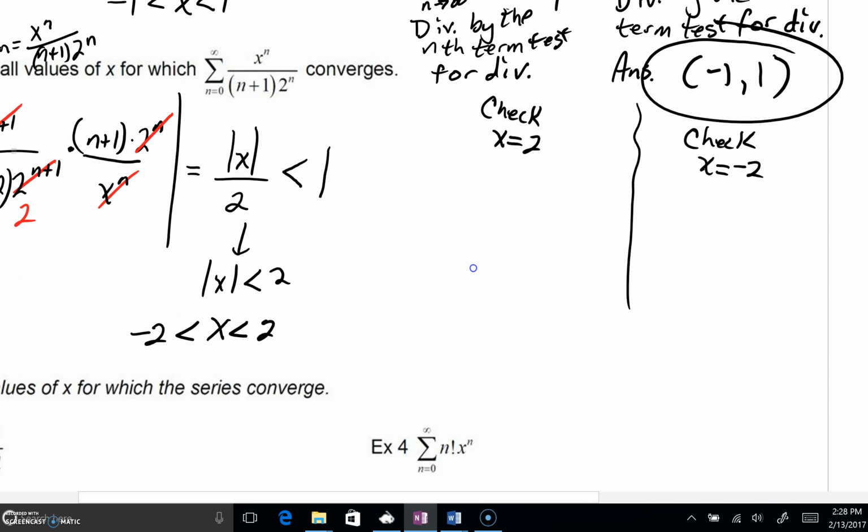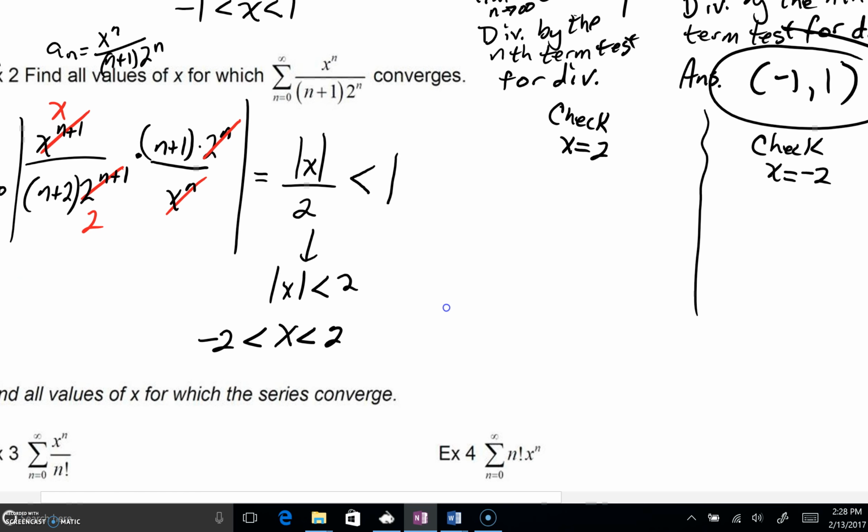Okay, picking back up with example 2, we solved for our interval. We know that x is between -2 and +2, but we're going to have to plug in x values, those endpoints, to see what's happening.